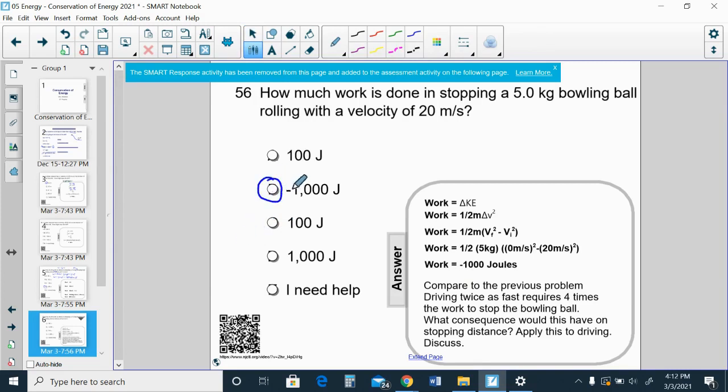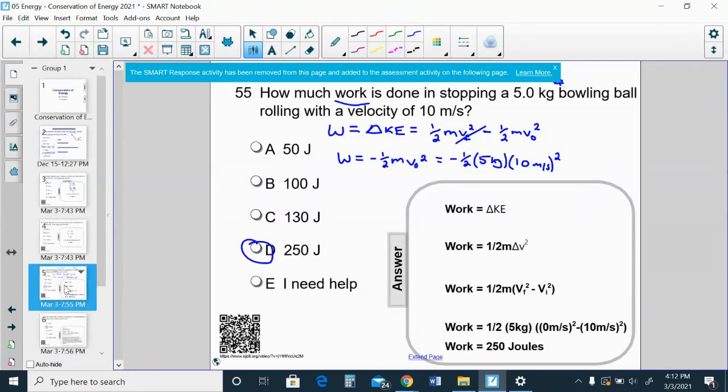Why is it negative? Because we are lowering the velocity. So in order to do that, the work that is done is in the opposite direction as the velocity of the bowling ball. Now notice how this is negative 1,000 for stopping a bowling ball that is rolling 20 meters per second compared to 250 joules for the bowling ball rolling 10 meters per second.